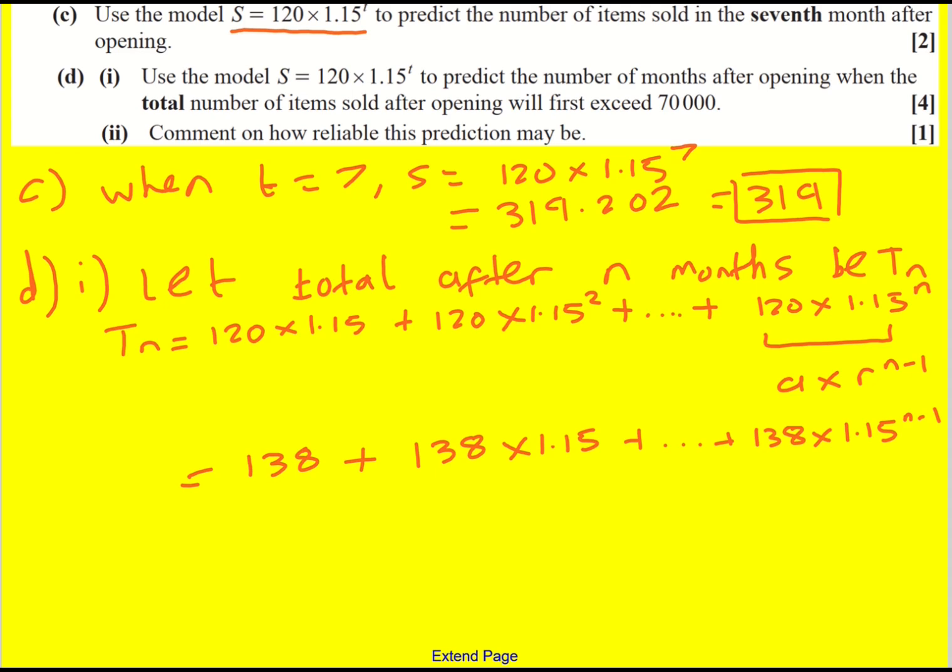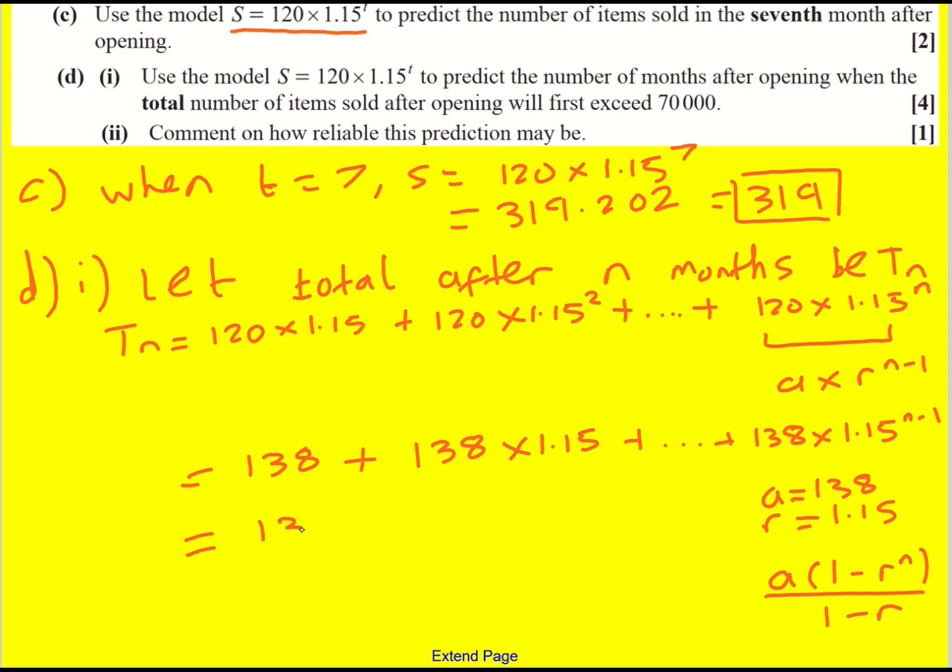Okay, this is now in a good place because the sum given in the formula book will be a times 1 minus r to the n over 1 minus r. And for us, a is 138, r is 1.15, and n is the number of complete months.